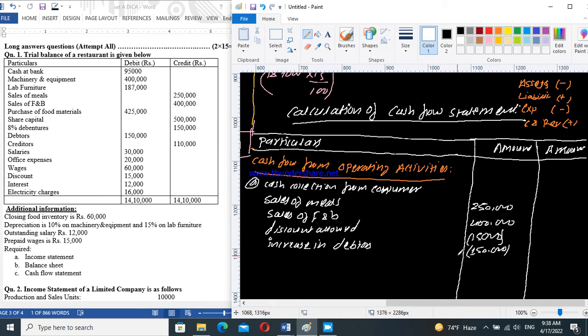The combined value, adding the two and subtracting the other two, gives cash collection from consumers total of 4,85,000 in positive form.